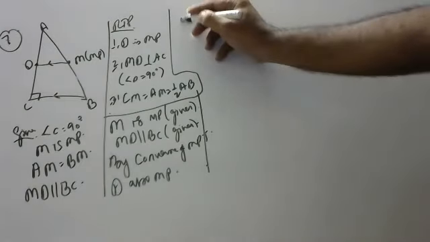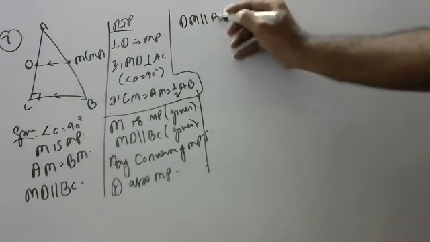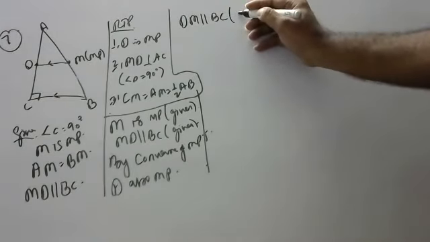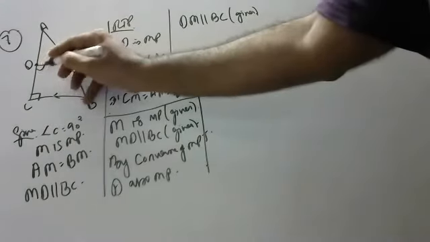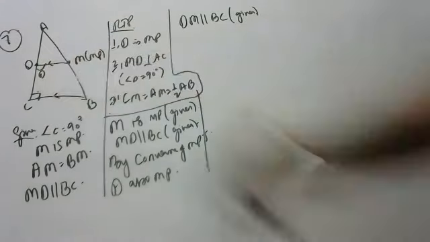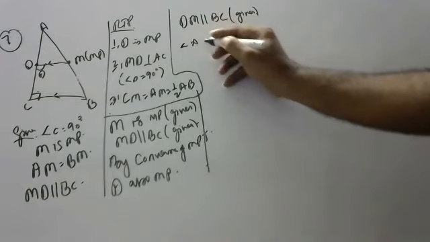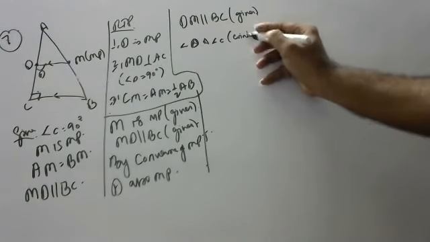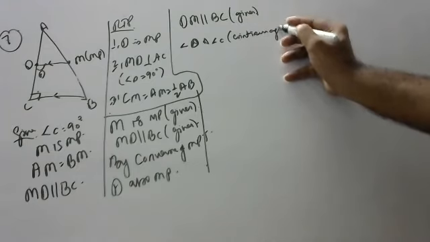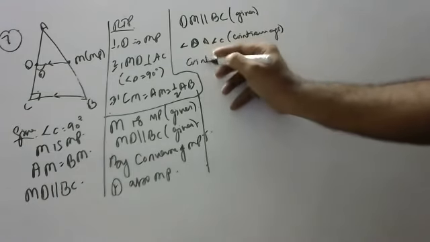Now, children, MD is parallel to BC. Why? Given. Angle D and angle C are called co-interior angles. Co-interior angles are supplementary.